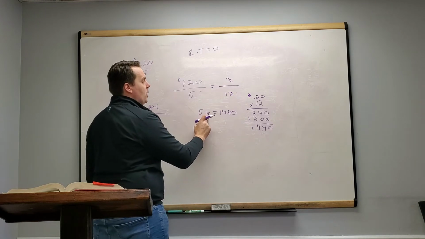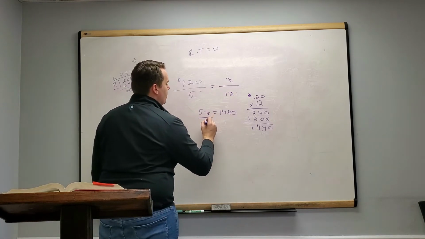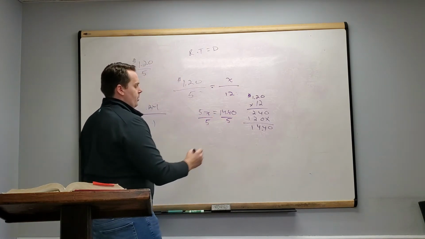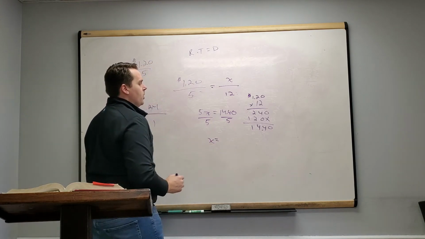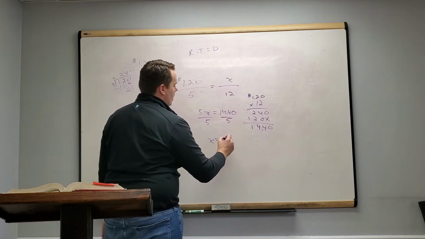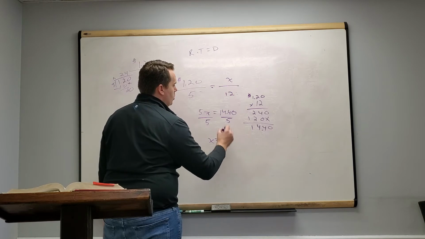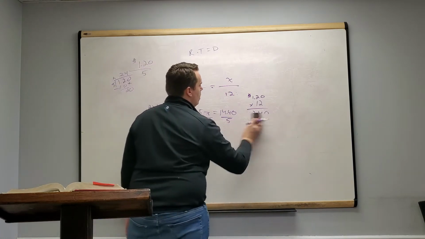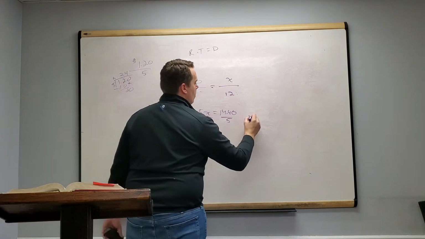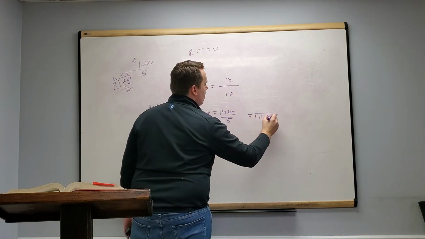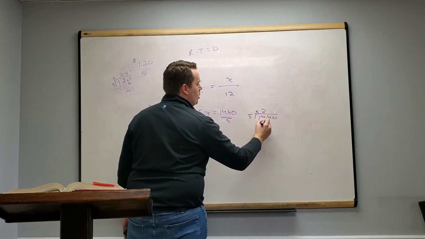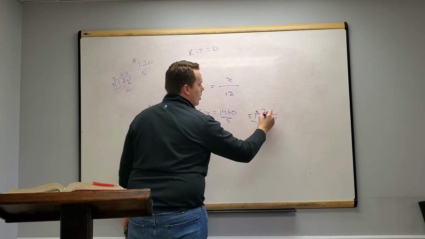Now, I'm not done yet because I want to get the unknown by itself. Divide both sides by 5, and then I'll have my answer, okay? 5 goes into 14 2 times with 4 left over. Let's write it over here. 14, 40. Bring my decimal straight up.